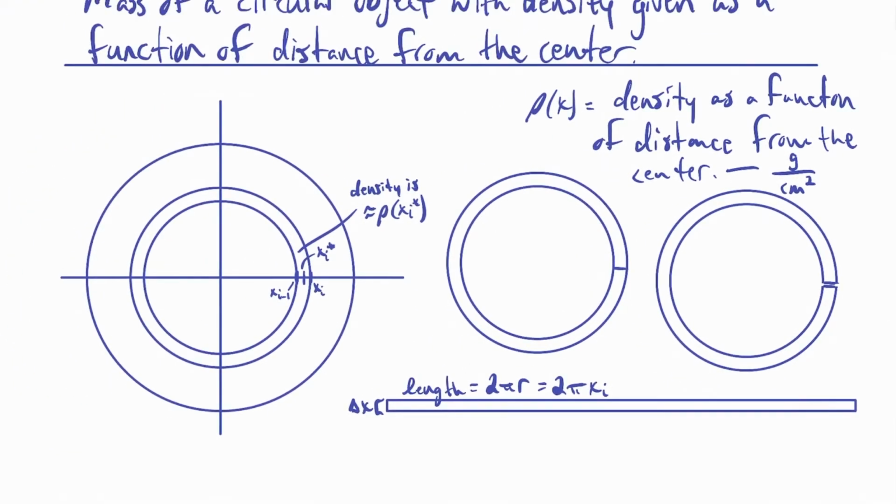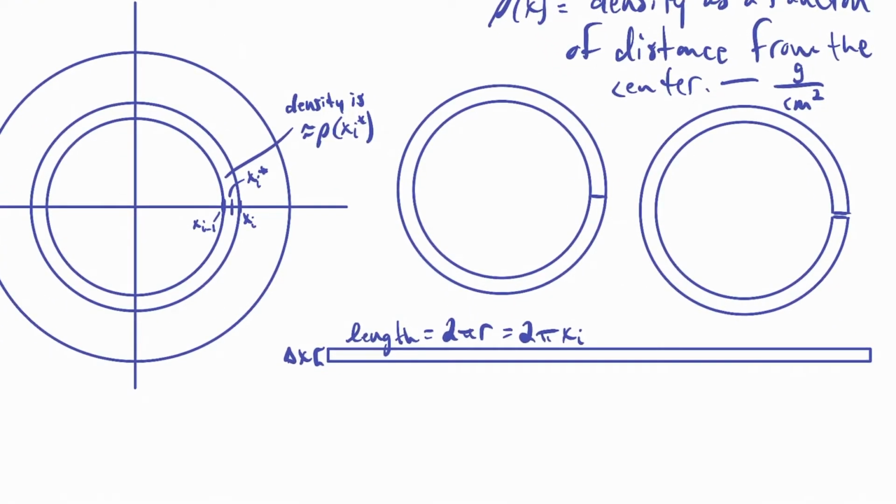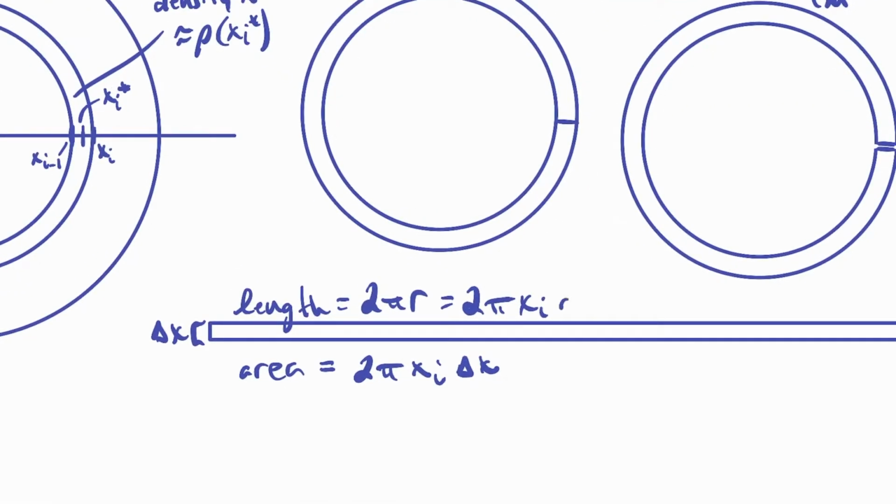Okay, so now the area of this guy, well, it's going to equal the length times the height of the rectangle, right? This is 2 pi xi delta x. That's the area, and this is an area. This one's in centimeters, and this one's in centimeters.